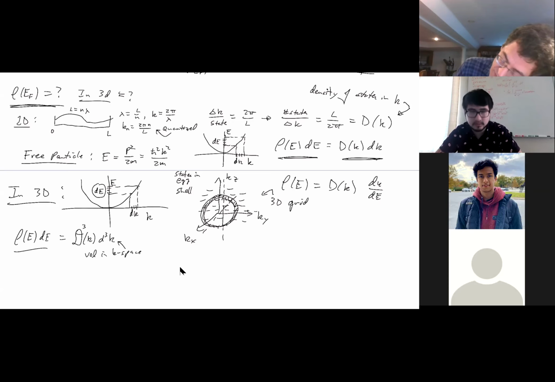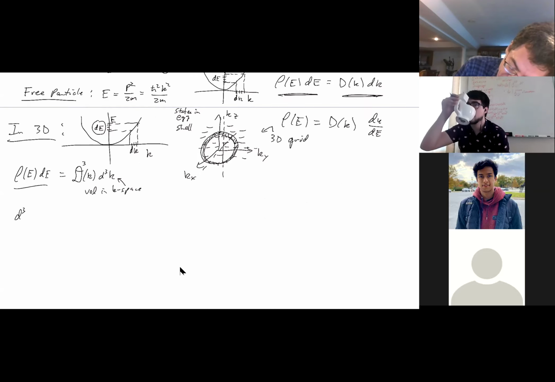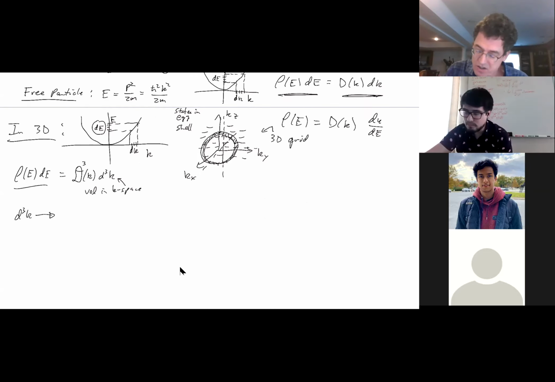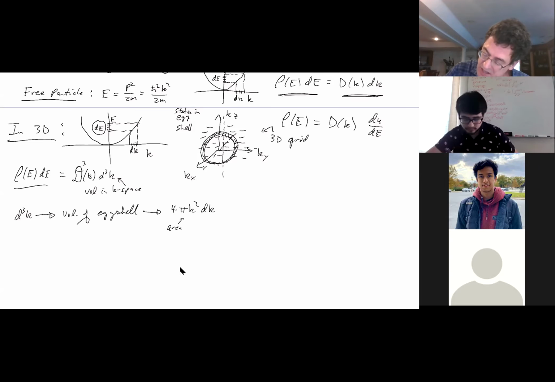But now the volume in k space for this particular situation, d cubed k, is that eggshell, so it's the volume of the eggshell, and the volume of the eggshell is 4 pi k squared dk. So it's the area of the eggshell times the width of the eggshell.